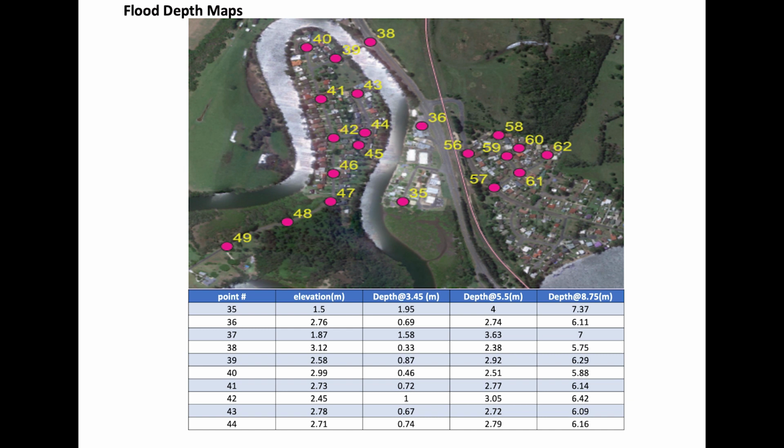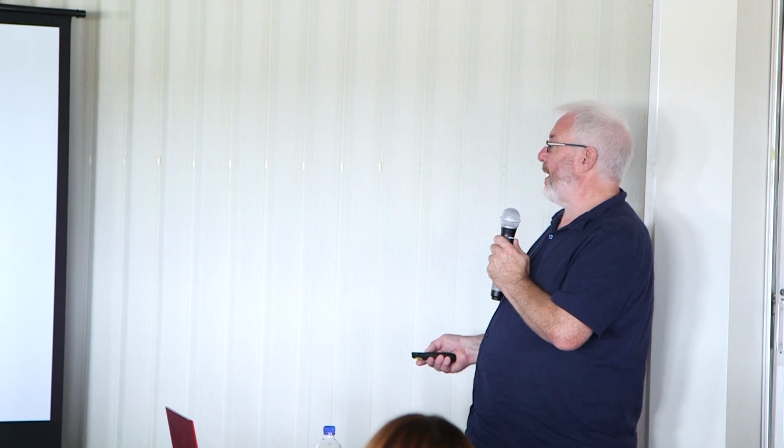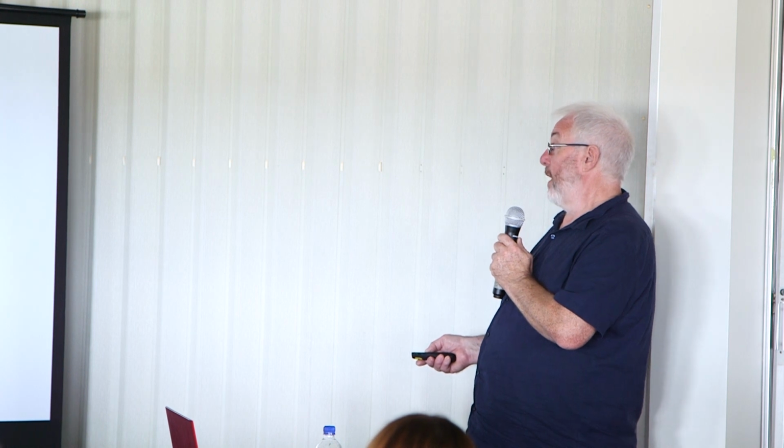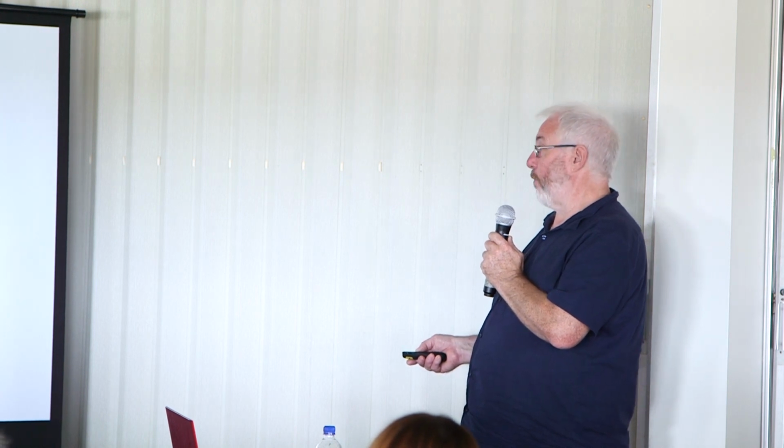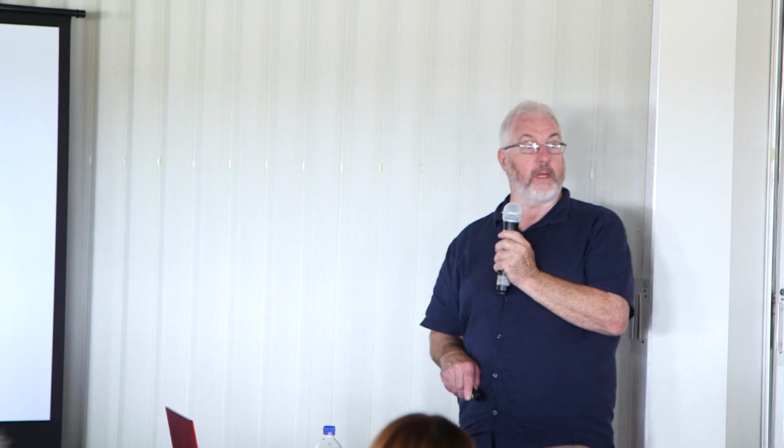So point 44, here on Urunga Island, has an elevation of 2.71 metres. In the 2009 flood, which was 3.4 metres, there would have been 74 centimetres of water approximately.